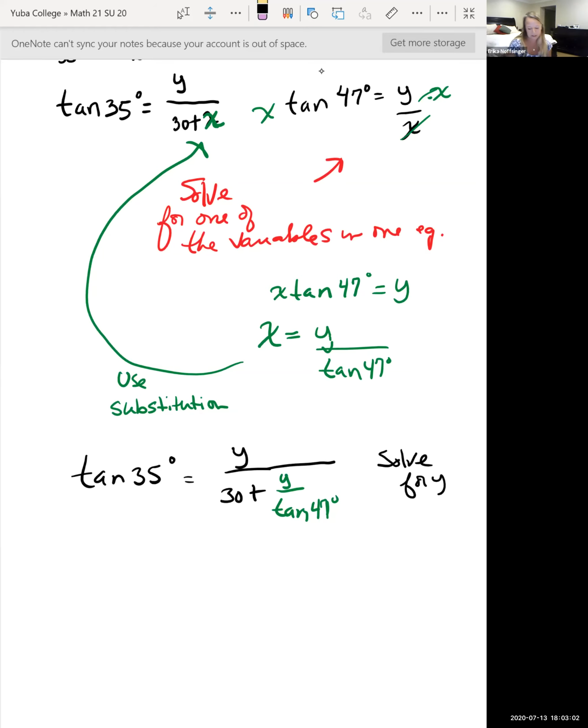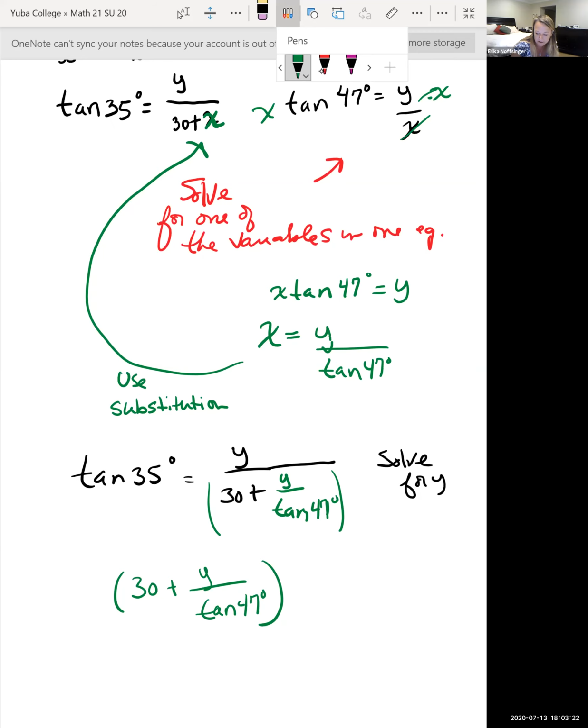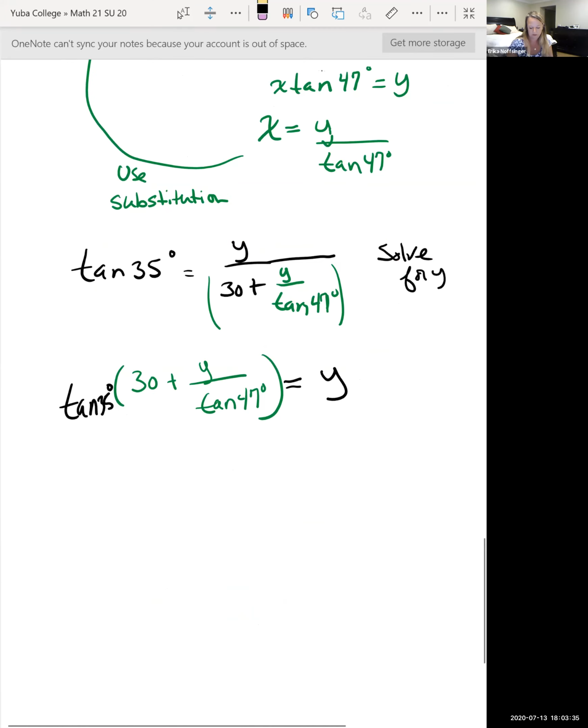So let's multiply both sides by this denominator. If we did that, we would have 30 plus Y all over tan of 47 degrees, all multiplied by our tangent of 35, is equal to Y. So let's distribute.